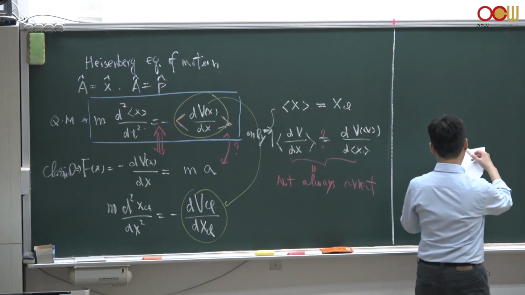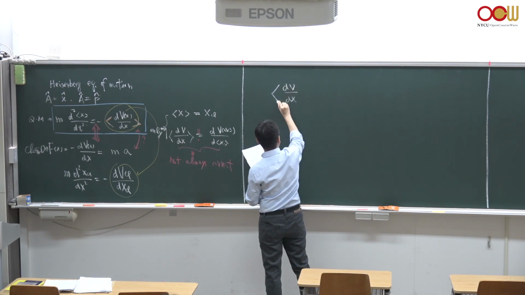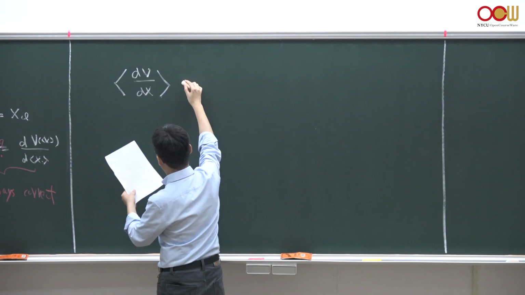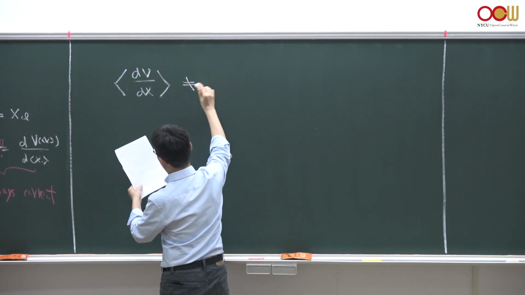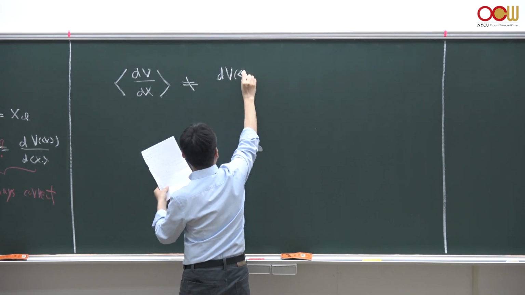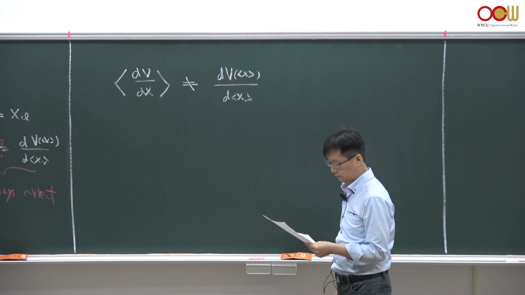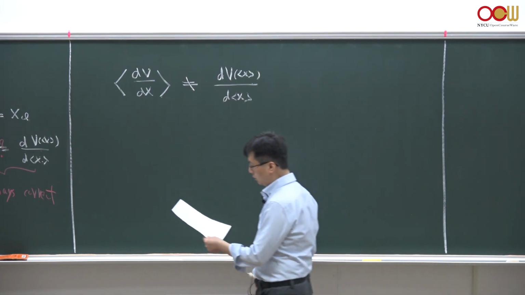As a result, you will see that taking the expectation value of everything, dV/dx, is not the same as dV/dx evaluated at the average x.